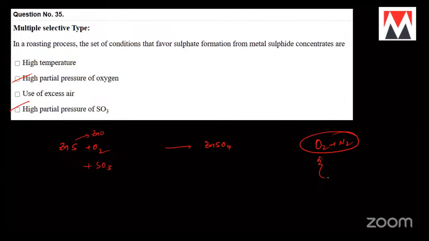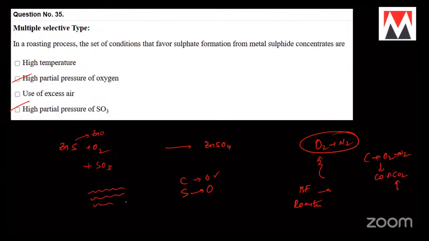In roasting, what generally happens, I'll tell you. See, you have a blast furnace, you have a roaster. In the blast furnace, C is there, O2 plus N2 will react, you will get CO or CO2, and N2 will go out unreacted. This is good. But sulfur has high affinity towards oxygen, carbon also has high affinity towards oxygen. N2 is doing nothing to this gas. But here you want a fluidized bed to be formed.